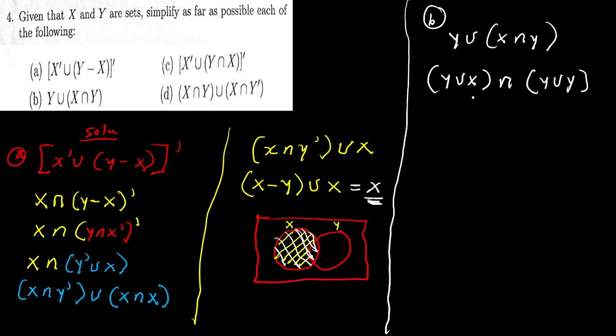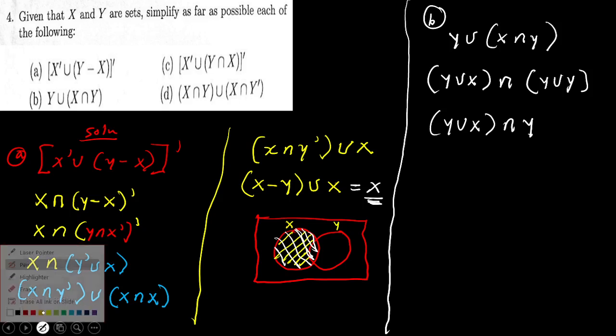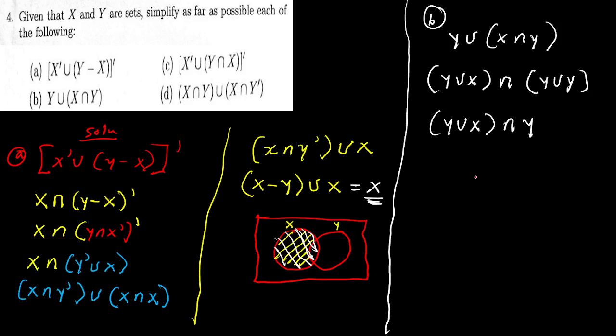So y union x will remain as y union x, and then cross bracket intersection y union y, which is just simply y. If we were to assume that we have these two sets like we assumed previously, so let's say we have set x and we also have set y.